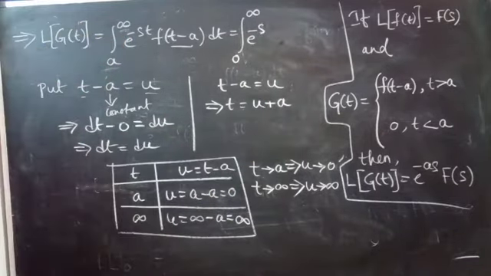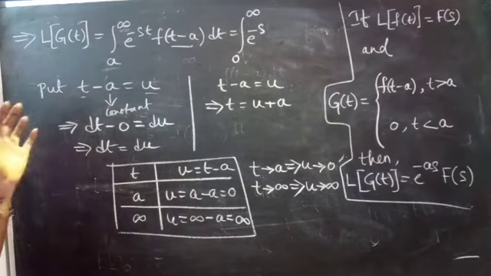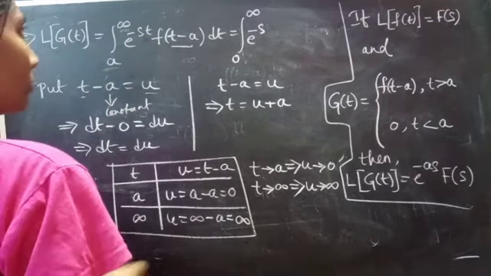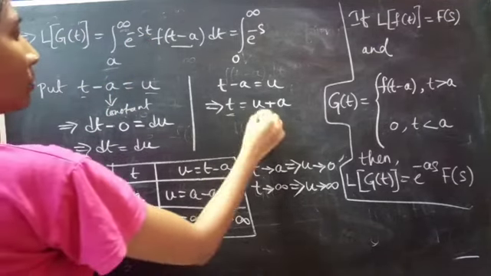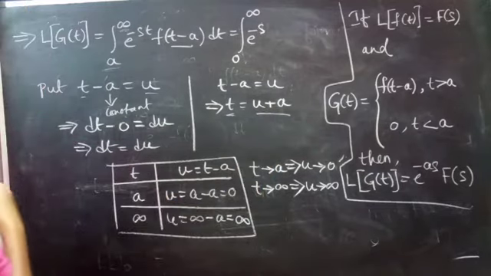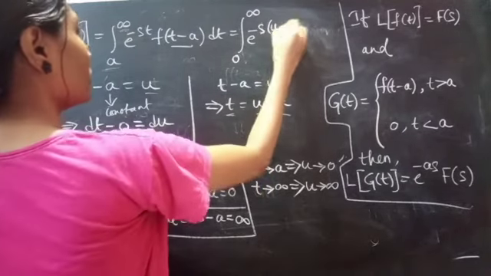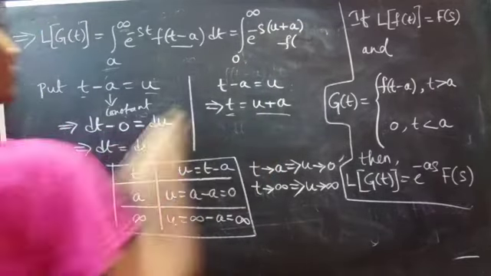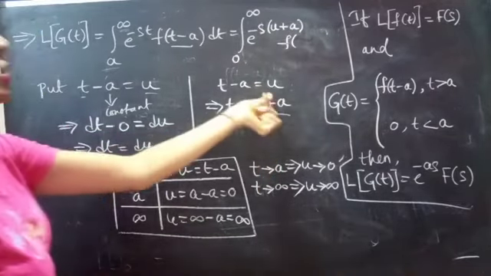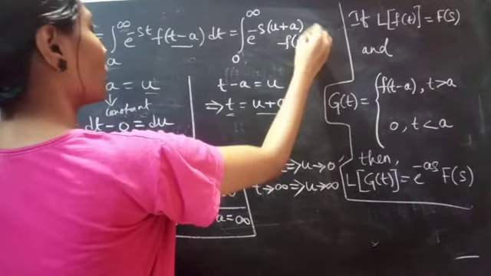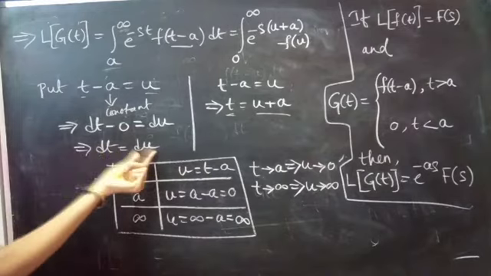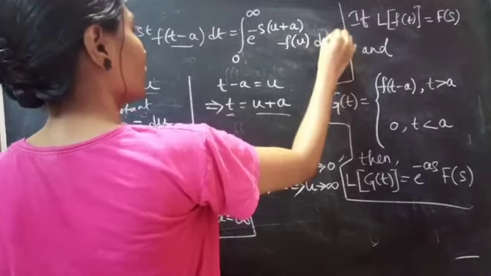Here we are changing the total integral in terms of u, so we have to change this t in terms of u. So t can be replaced with u plus a, into f of t minus a replaced with u, into dt. You have dt here, so replace dt with du.